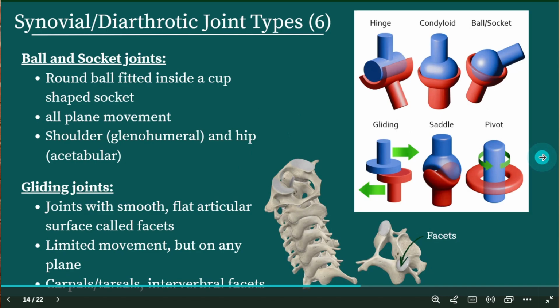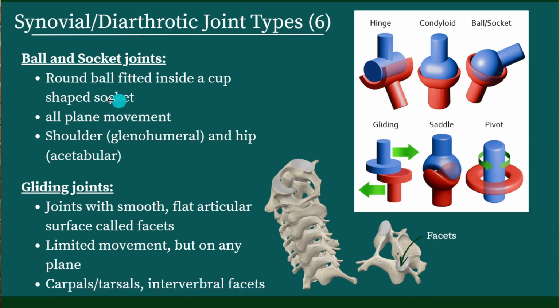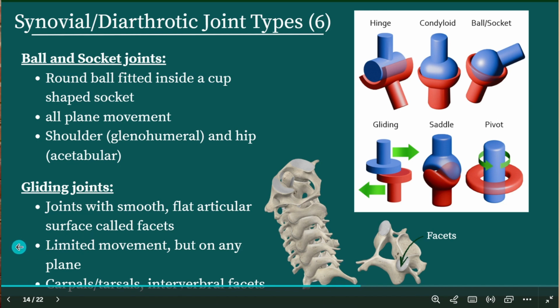Okay. And then we have the ball and socket joint. That's this one right here. It's like a cup with a ball that fits inside. So our shoulder and hip are both ball and socket joints. And then gliding joints. Those are the joints with smooth, flat surfaces.